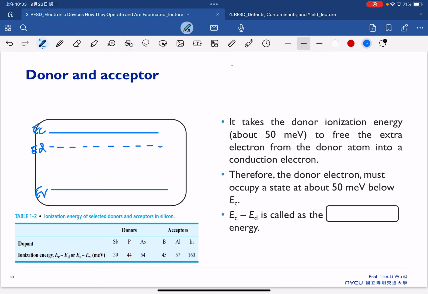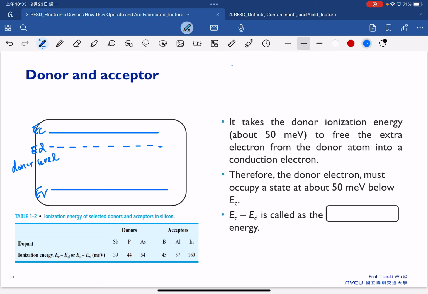So once we put the donors inside our material, the donor will form the donor level as shown here. And of course, our goal is to make sure that this donor can contribute as many electrons as possible.